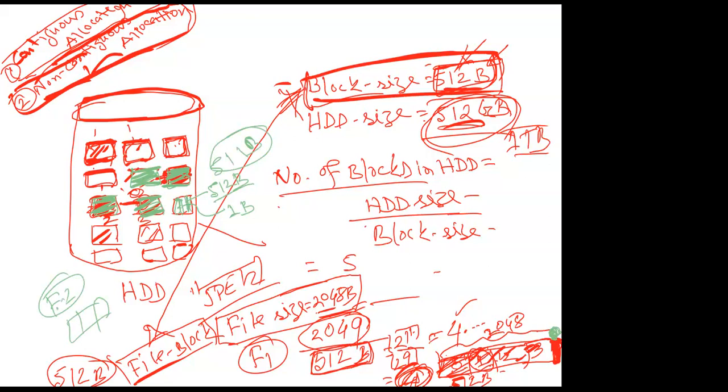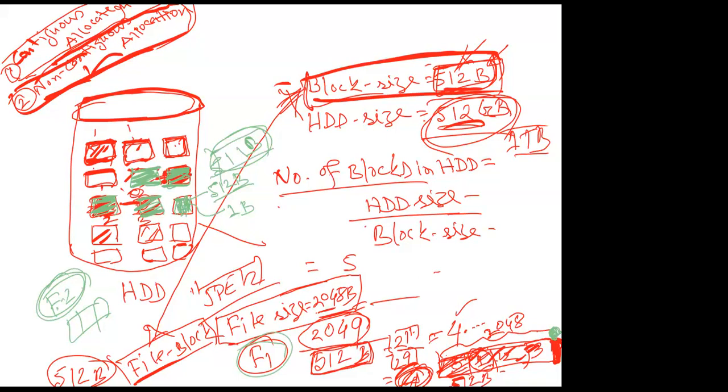We cannot mix a block from different files. Here you assign 1 byte from file F1, so you cannot assign any byte in this block to another file. Even though 511 bytes are free, you cannot do this.